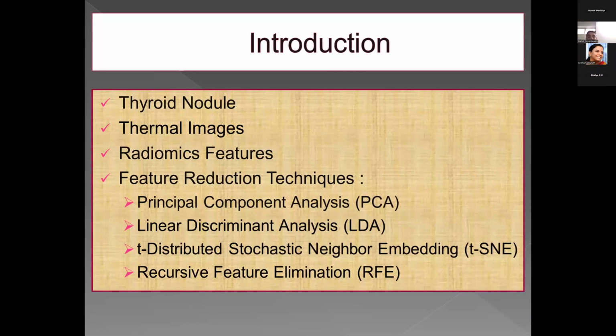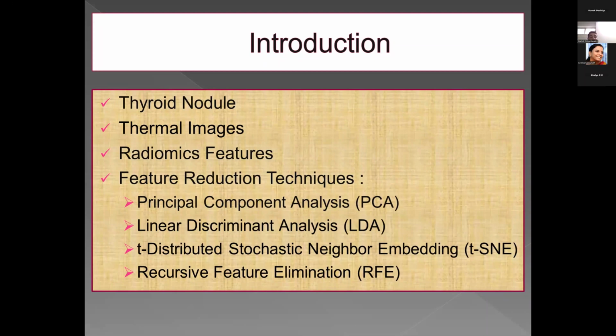A thyroid nodule in thermal images refers to an abnormal growth in the thyroid gland visualized using thermal imaging, a technique that captures infrared radiation emitted by the body's surface and converts it into temperature data. This imaging method detects temperature variations that may indicate the presence of a nodule due to changes in local blood flow and metabolic activity.